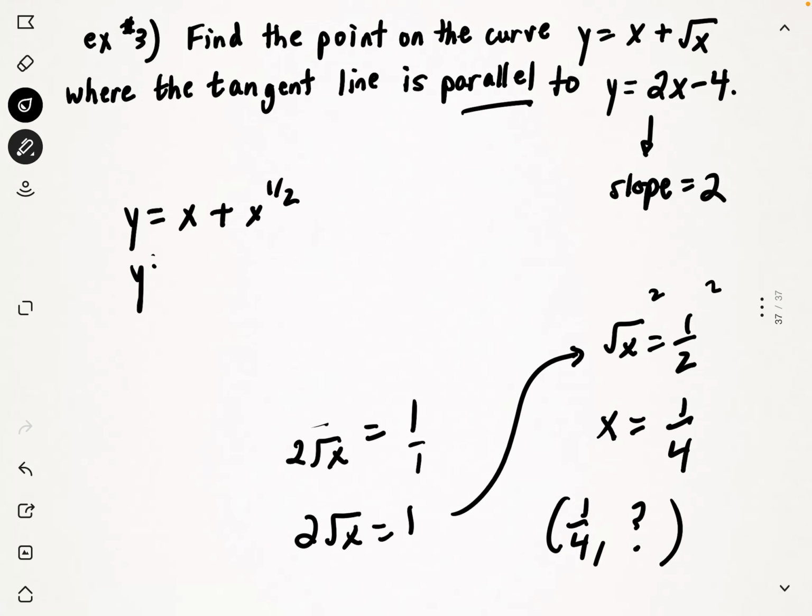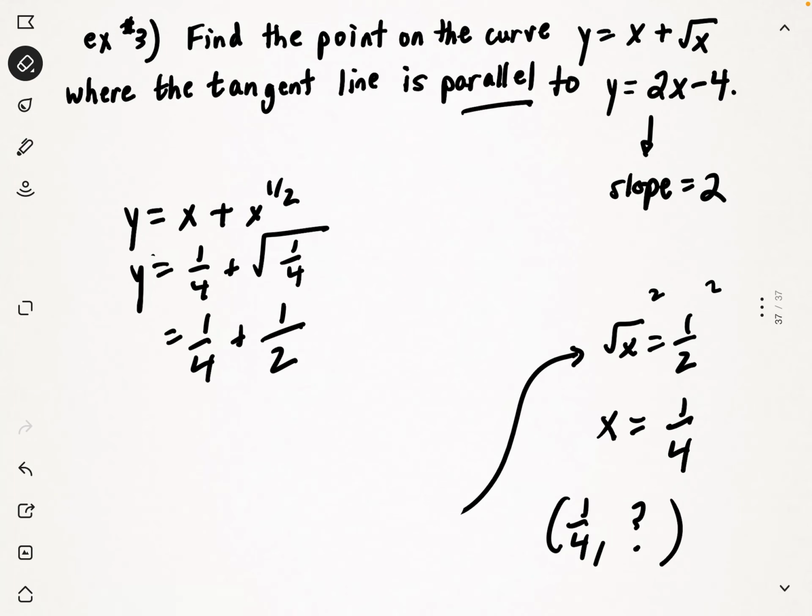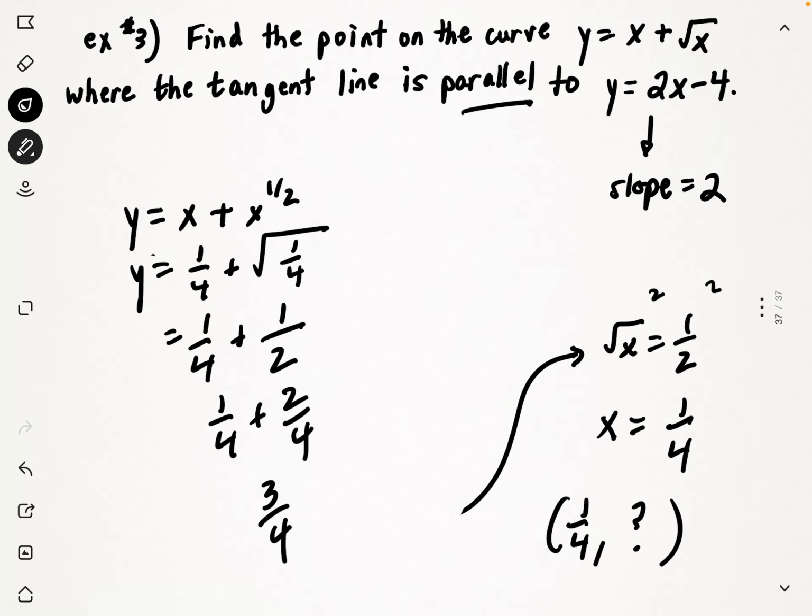I have y is equal to 1 over 4 plus the square root of 1 over 4, which is 1 over 4 plus square root of 1 is 1, square root of 4 is 2. Then you can get common denominators and add those together. That's 1 over 4 plus 2 over 4, which is 3 over 4. And then we can get our point right here of 1 over 4, 3 over 4. That is the coordinate point.